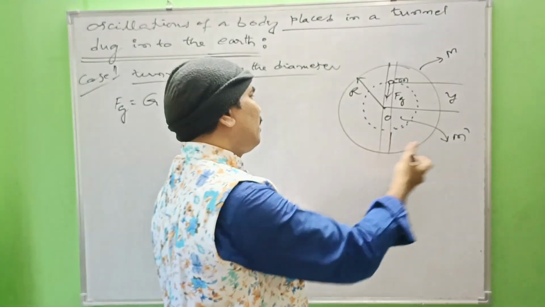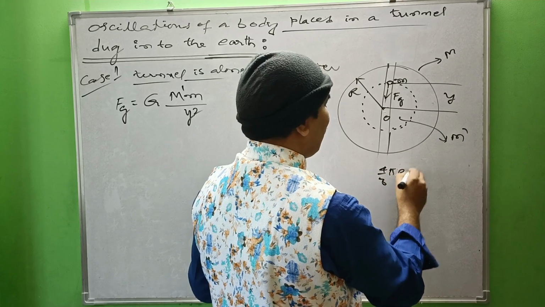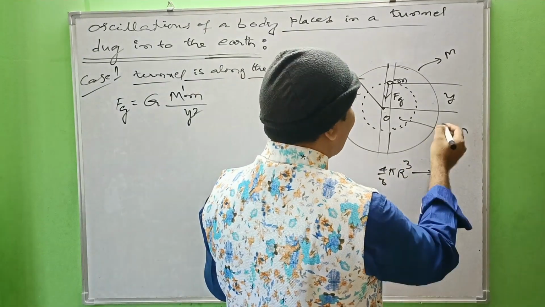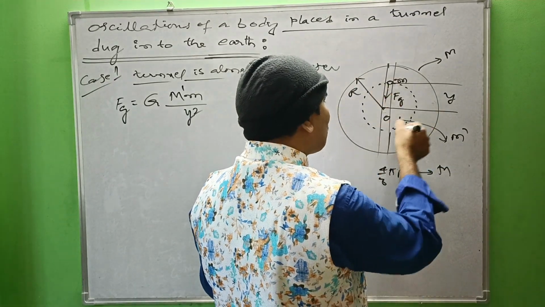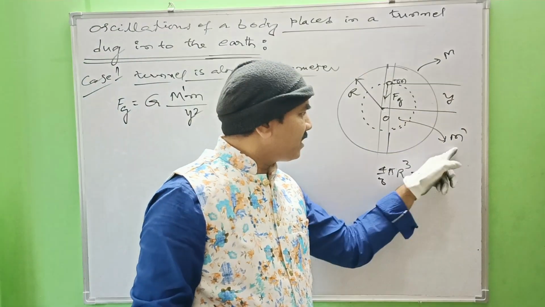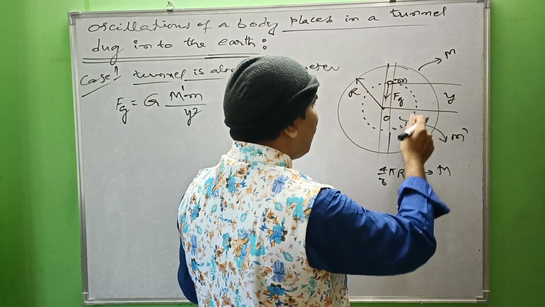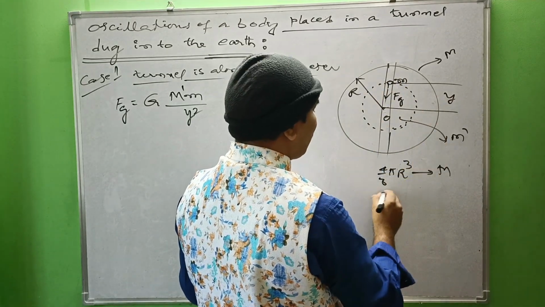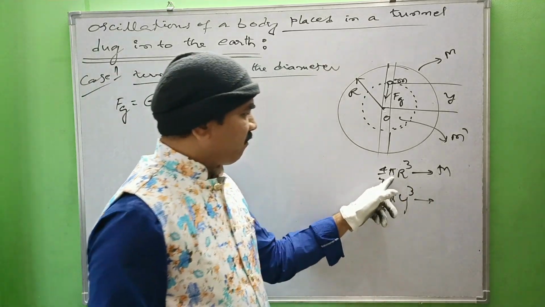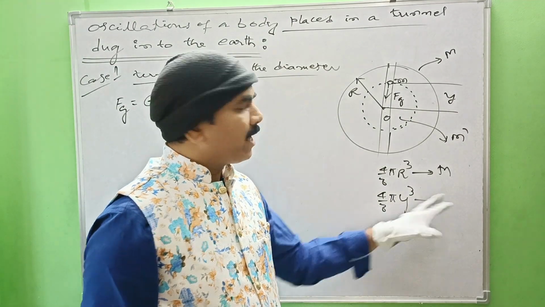What is the total volume of the earth sphere here? 4/3 pi capital R cube. Within 4/3 pi R cube, what is the mass of the earth? That is capital M. Now, what is the influential sphere here? This dotted sphere, of mass M dash. What is the volume of this influential sphere? That is 4/3 pi y cube. So within a volume of 4/3 pi R cube the mass is capital M; within a volume of 4/3 pi y cube, what is the mass?